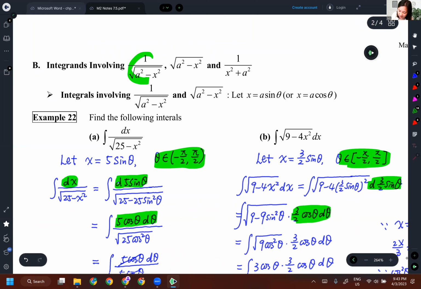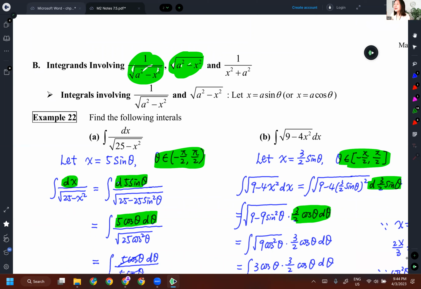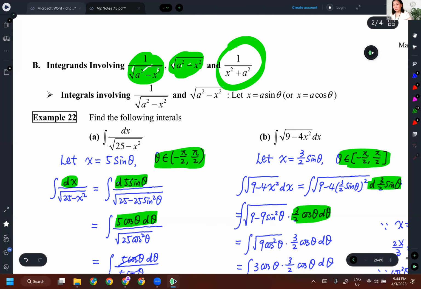Now, when you see this or this, you use the sine substitution, but it's not like x equals sine theta. It's always like x equals something times sine theta. Okay, it's not equal to sine theta. It's something about sine theta. And with the other one, you see a square plus another square, and then you use tangent. Again, it's not tangent, it's something times tangent.